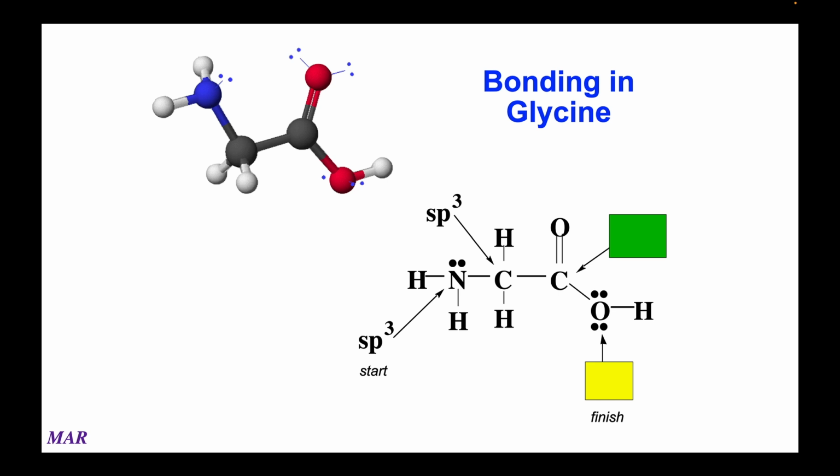Go to the green one now. That carbon in the middle has a double bond and 2 single bonds: a single to carbon, a single to oxygen, and a double bond to oxygen. Double bonds and triple bonds count as one big cloud. So that's 1 cloud for the double bond, and 2 and 3 clouds for the single bonds. So 3 clouds want to be as far apart from each other as they can. That's trigonal planar, and trigonal planar is sp2.